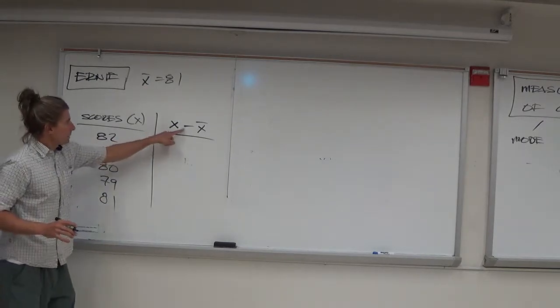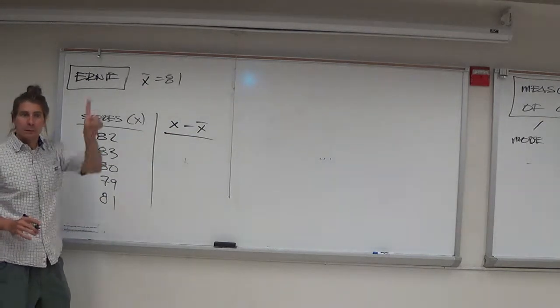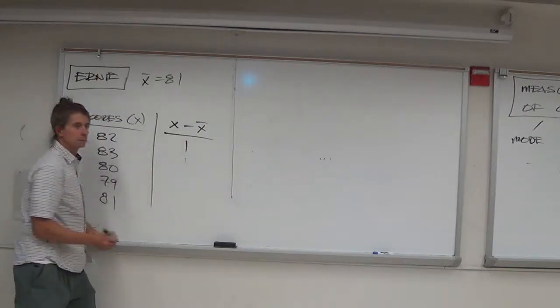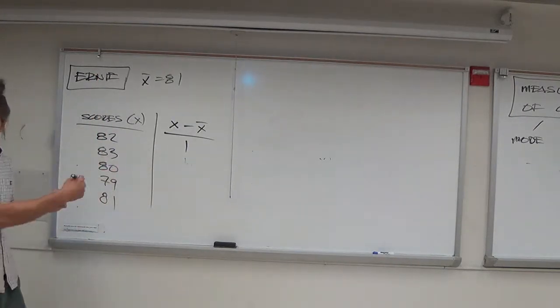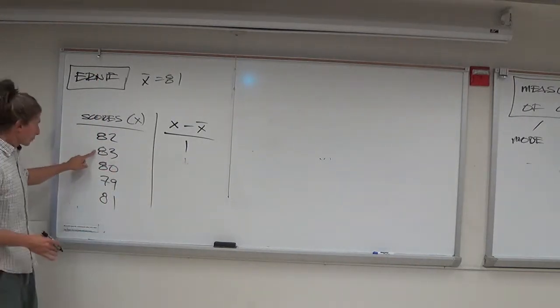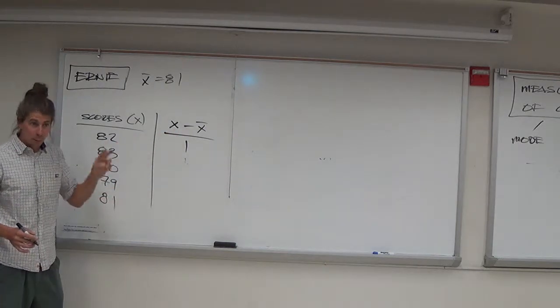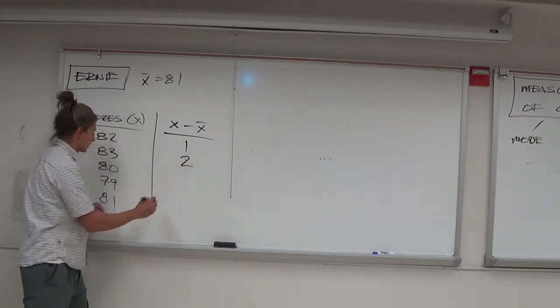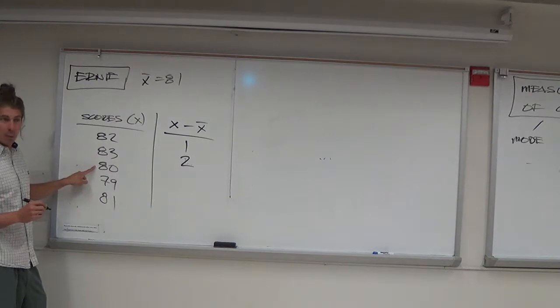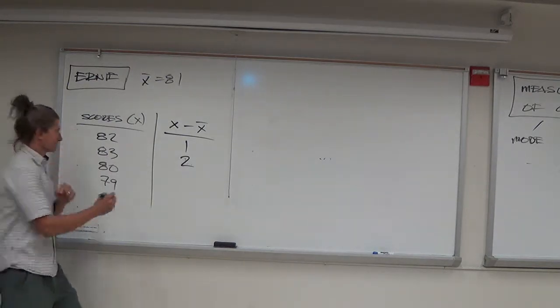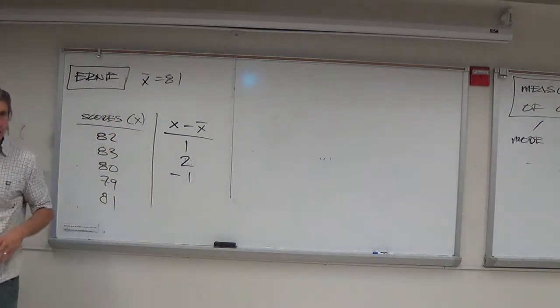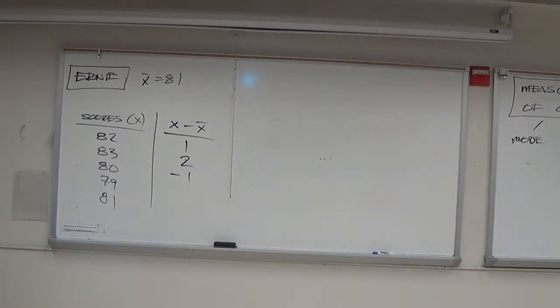82 minus 81 is 1. We drew that one in before, right? 83 minus 81 is 2. 80 minus 81. This is why it's a little more precise. Rather than just saying it's a distance of 1 away from average, you now also know which direction it went in.